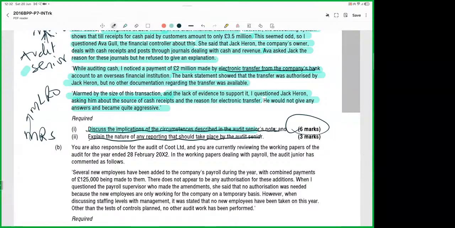You must get in touch with the money laundering reporting officer, within the organization or even outside.